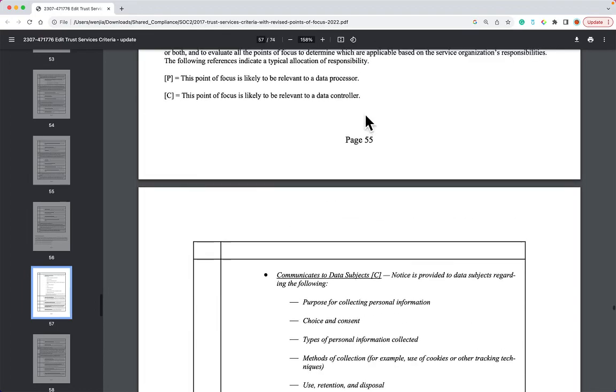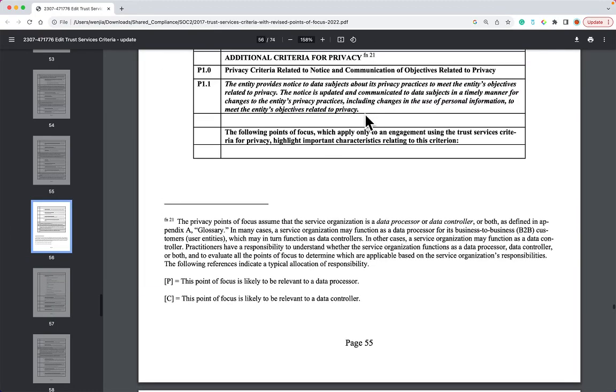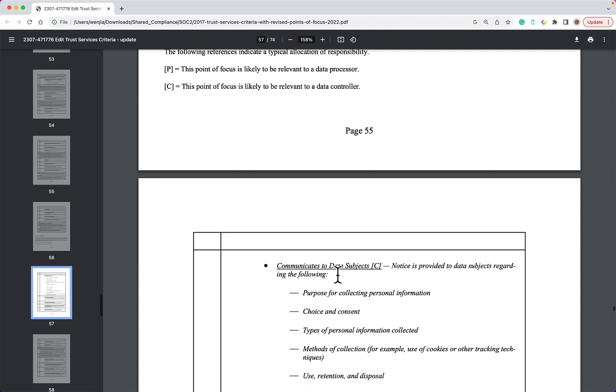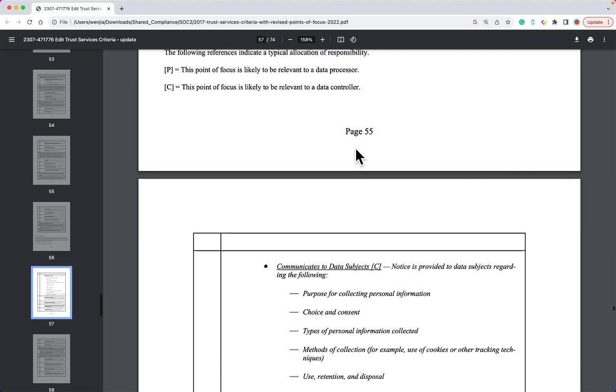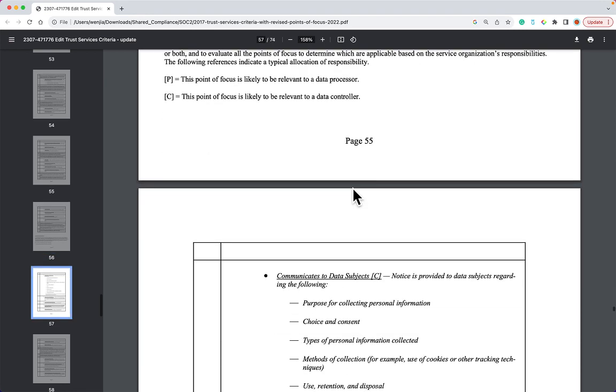So for this whole principle, all the points of focus, what is a data subject, by the way? It's an individual who can be identified, and you have some private information about this individual.